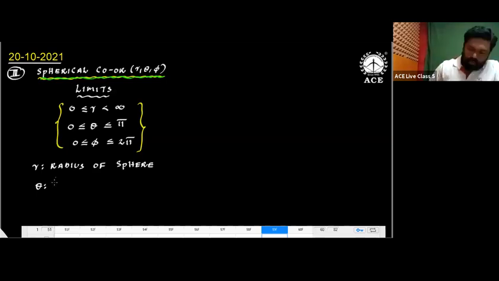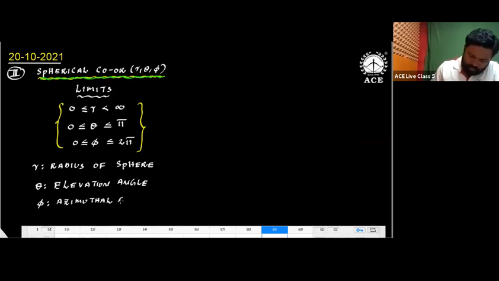Okay, theta is the elevation angle. Phi is the azimuthal angle. Clear? I need to justify what those angles are.